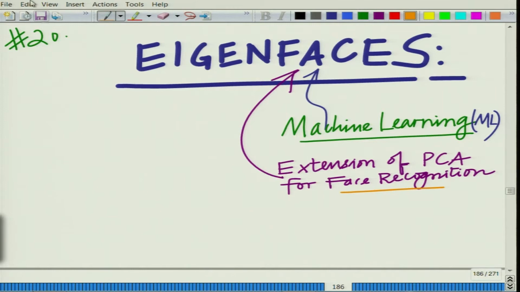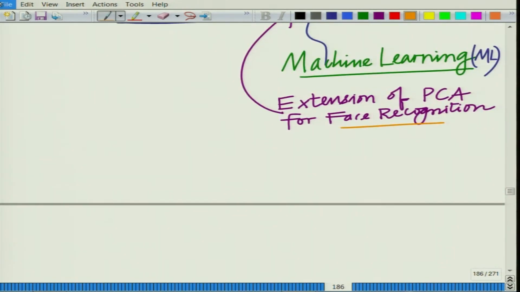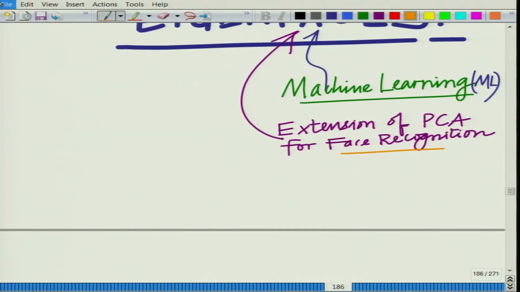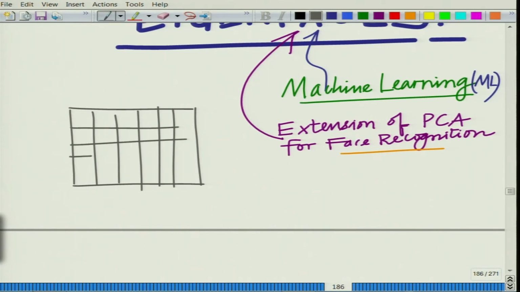And what do we mean by this Eigenfaces? What is the procedure for this Eigenfaces algorithm? Let us consider a typical face image. For instance, I am drawing a caricature here, a typical face image comprises of pixels.